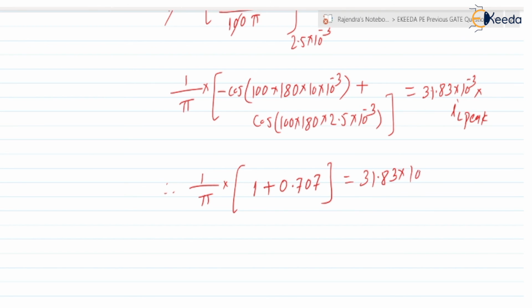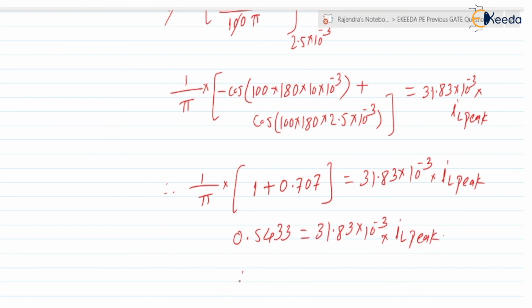is equal to 31.83 into 10 to the power minus 3 into IL peak. So now we can write 1.707 divided by pi, which is 0.5433, is equal to 31.83 into 10 to the power minus 3 into IL peak.